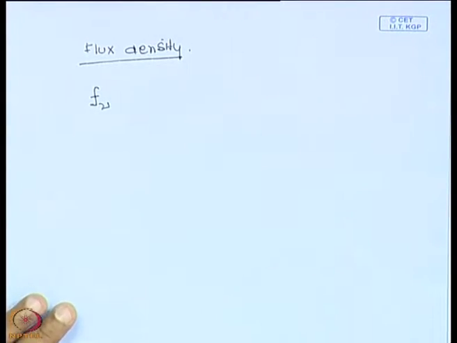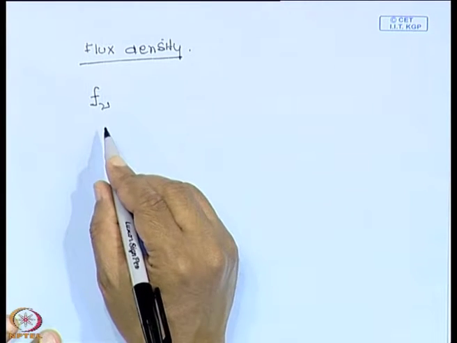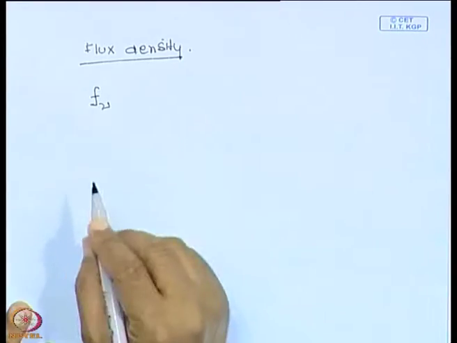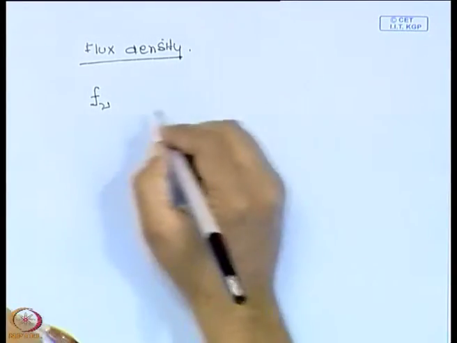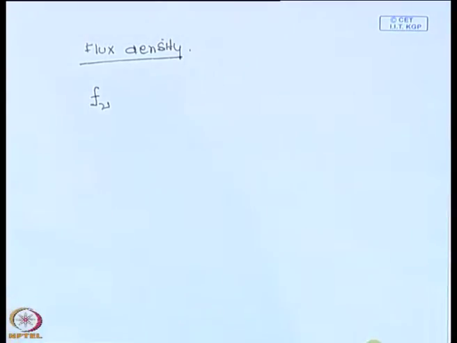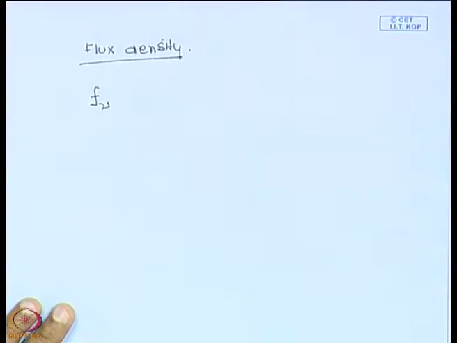F nu, which we are familiar with already. F nu tells us the energy coming per unit time interval. So, flux density is essentially, if I place a detector 1 meter square, the energy coming there per unit time interval in the frequency range d nu.